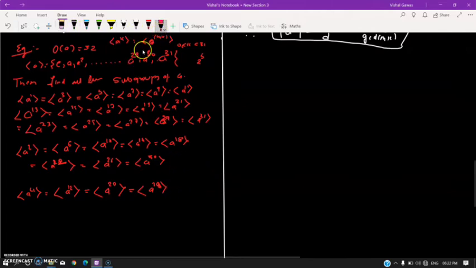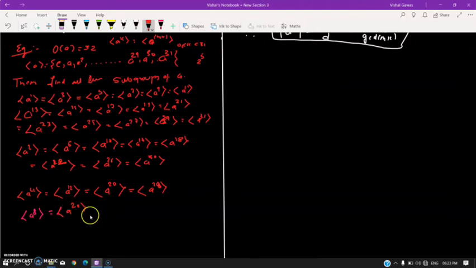And what is left is a8. A8 would be same as 14, 15, 16, 18, 24, right?